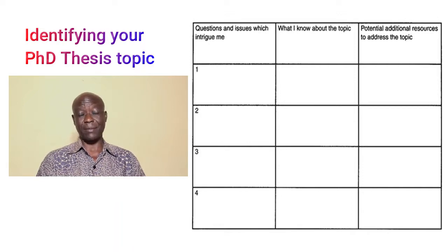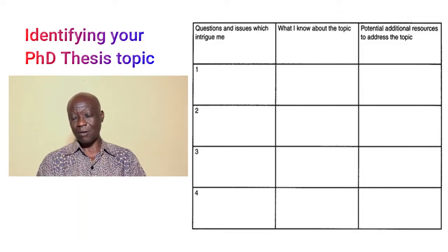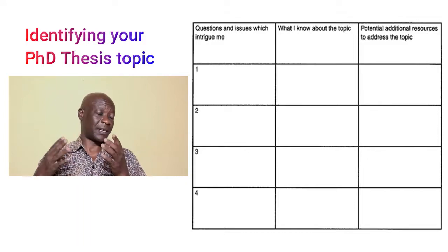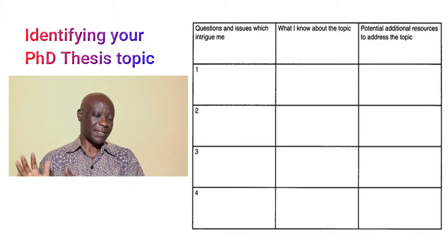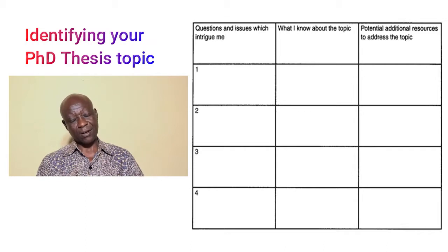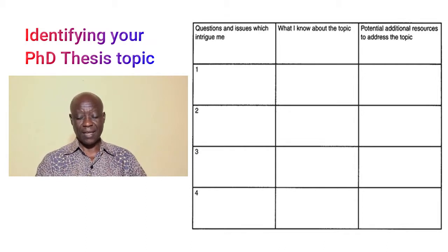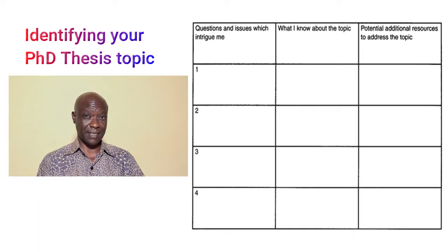Right? Do you know anything about the topic? Have you bothered to look for these things? And the third column represents potential additional resources to address the topic. So as you can see, these are the 3 columns, and the rows there are the requirements that you need to fill in this thing, right?